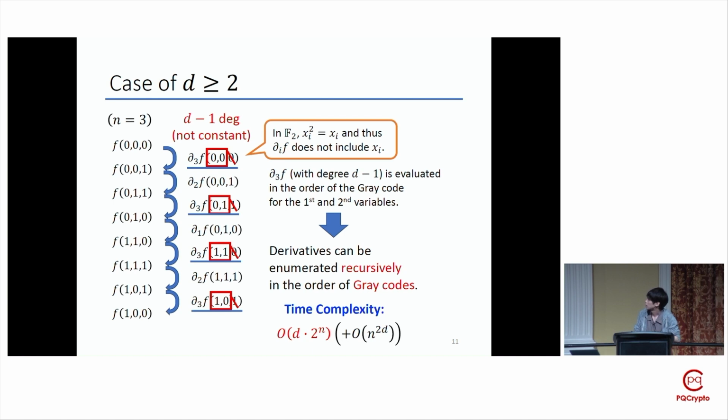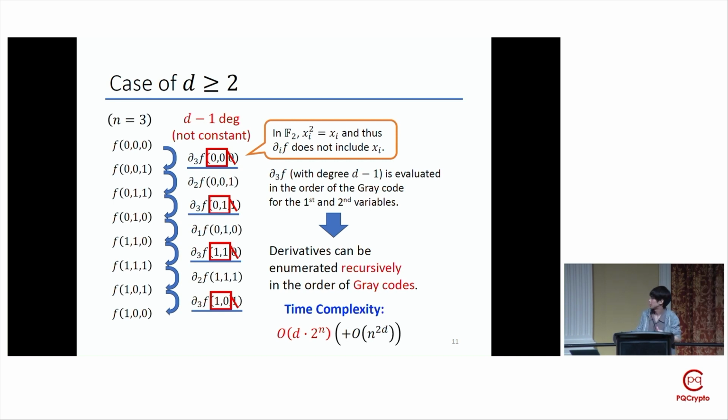When we focus on the third derivative, ∂_3 f, we want to evaluate ∂_3 f at these 4 points: 0,0,0, 0,1,1, 1,1,1, 1,0,1. And these 4 values do not seem to be in the gray code ordering. But in the binary field, it holds that x_i squared equals x_i, and thus ∂_i f does not include x_i.